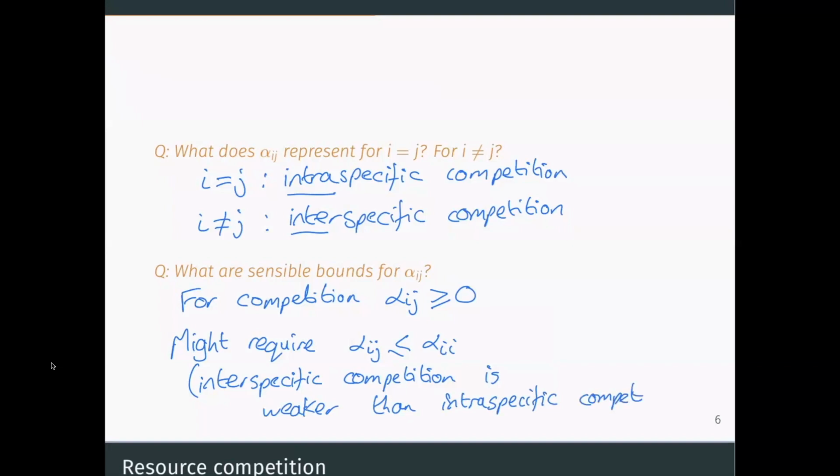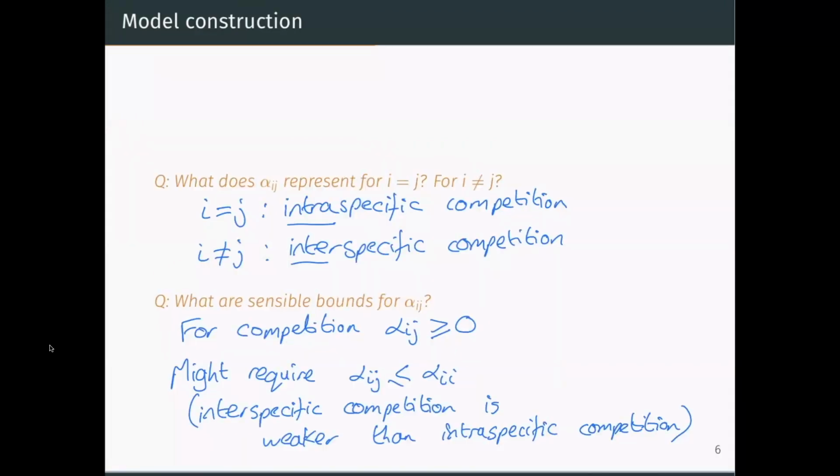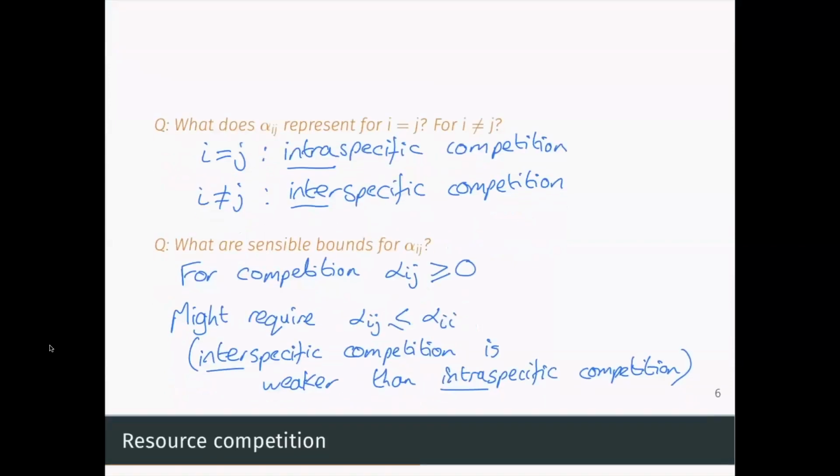This isn't always going to be the case, but it might well be. Why might this be the case? Well, we might expect interspecific competition to be weaker than intraspecific competition because individuals might compete more strongly with those other individuals in the environment that they are more similar to. So within a species, competition might be stronger for resources than between species.